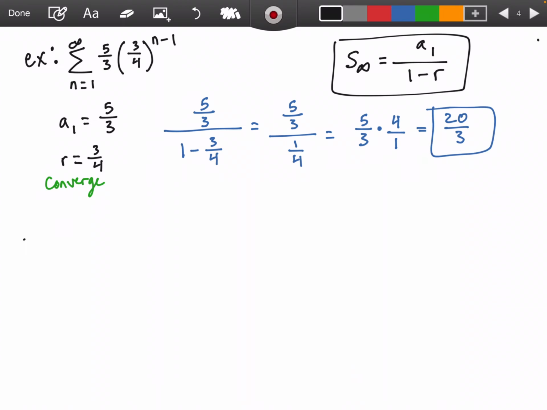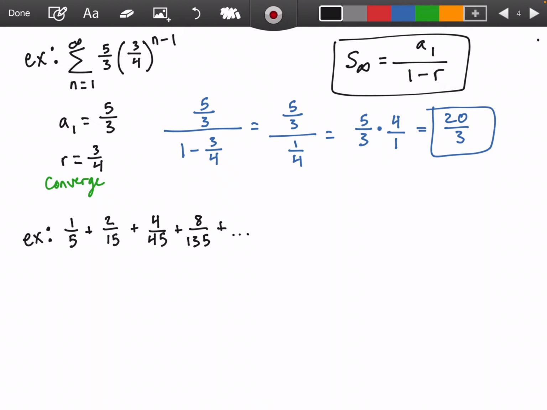Sweet. So I got another example. Maybe we have, let's see, 1/5 plus 2/15 plus 4/45 plus 8/135. Okay, this time the common ratio wasn't given to you. Bummer.